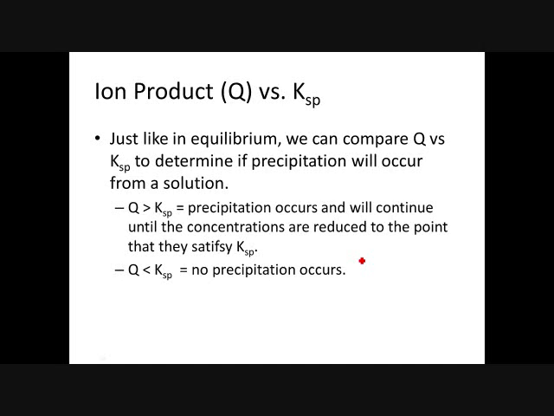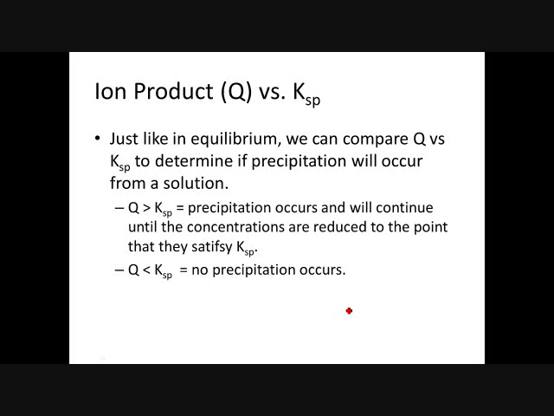Now, moving ahead, you could figure out if precipitation will occur. So remember, precipitation will happen if, from a double replacement reaction, 2 ions form an insoluble product. So to do this, we need to compare a number to the Ksp to determine if that will actually happen.